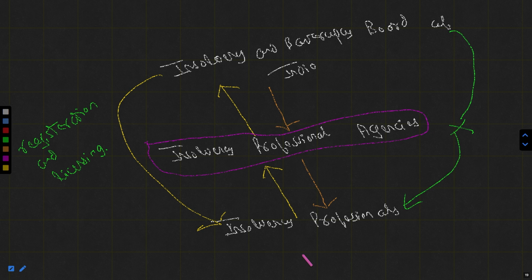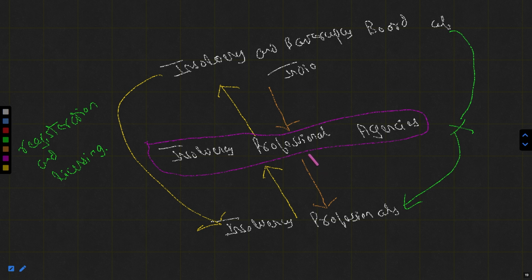So what happens? Insolvency professional agencies work as an intermediary between the Insolvency and Bankruptcy Board of India and the insolvency professionals. So here you can say there are two flows. The first flow is the Insolvency and Bankruptcy Board of India sets the rules and regulations and the guidance provided to the insolvency professional agencies.